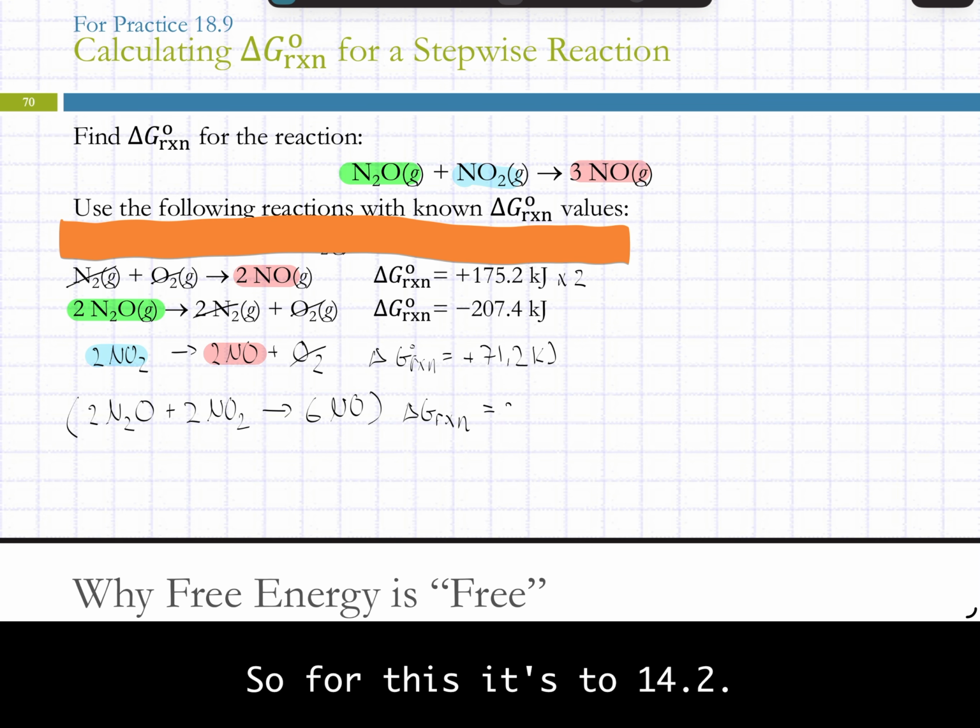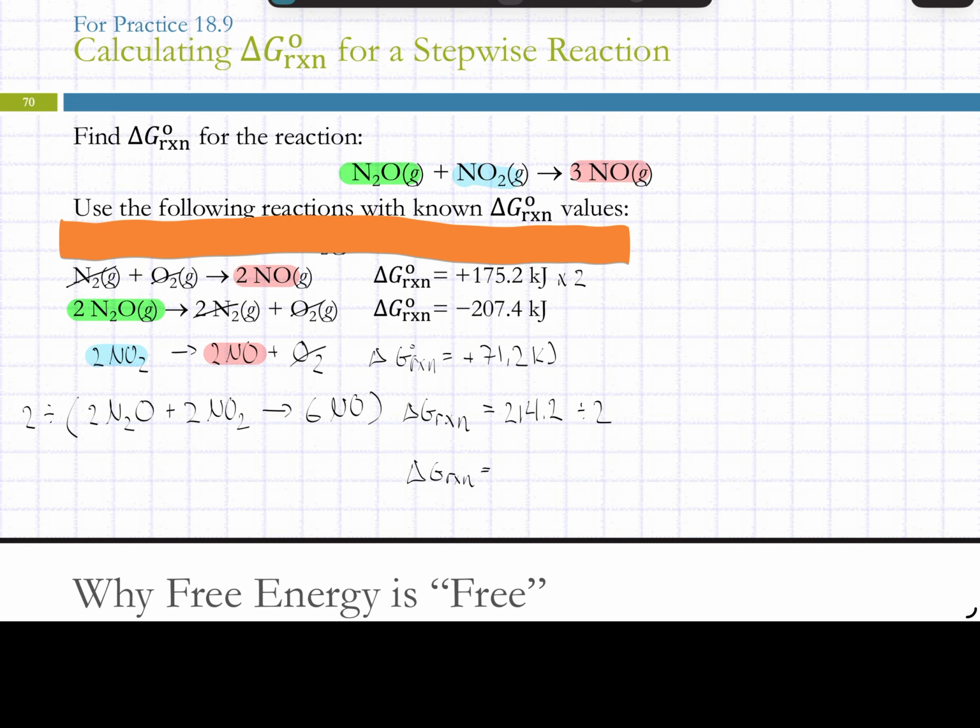So for this, it's 214.2, but I need to divide by 2. And then this will be N2O plus NO2 is 3NO. Perfect.